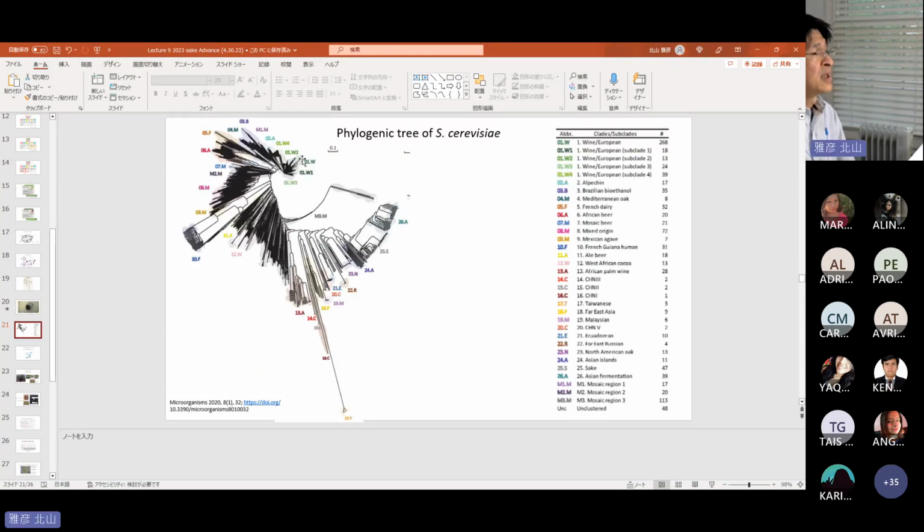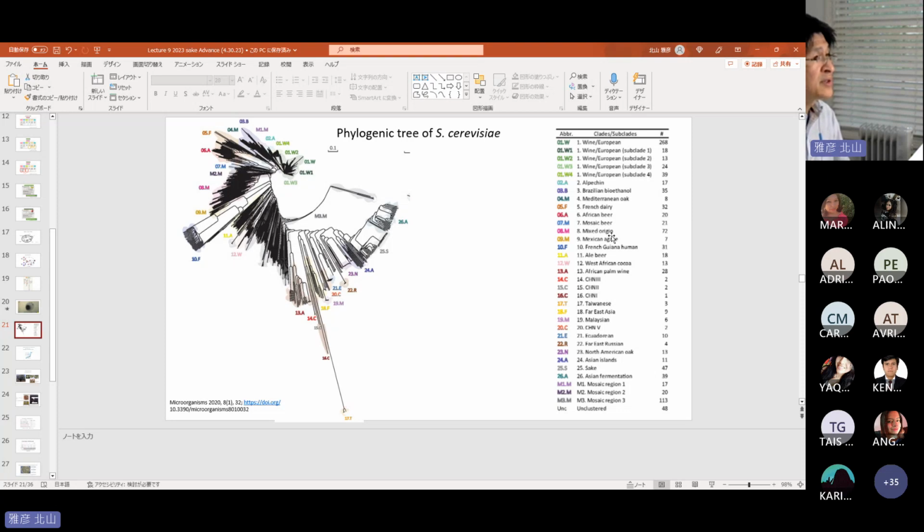So this is a slide showing the phylogenetic tree of Saccharomyces cerevisiae. This is a taxonomy of yeast strains used to produce sake as well as wine. Beer should be ale beer. Agave, Mexican agave, is the raw material to make tequila.